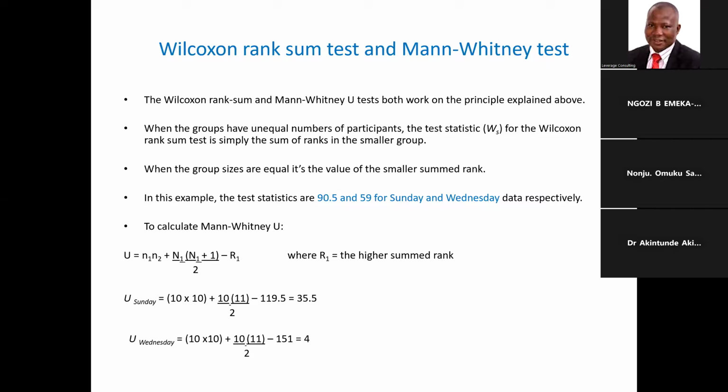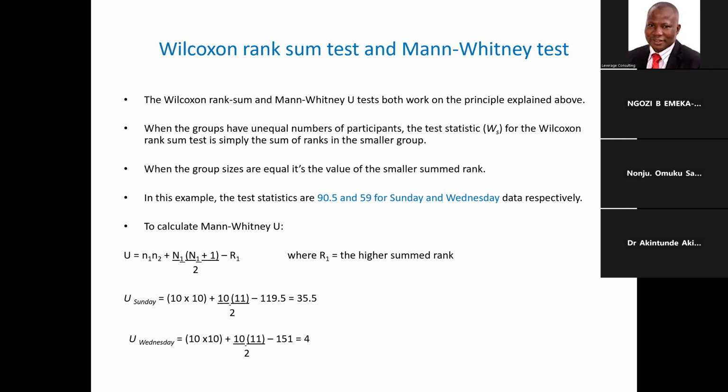But Mann-Whitney works on it further. So what he does is that he calculates his statistic. That statistic will be N1 times N2 plus N1 into N1 plus 1 over 2 minus R1, where R1 is the higher sum rank among them.